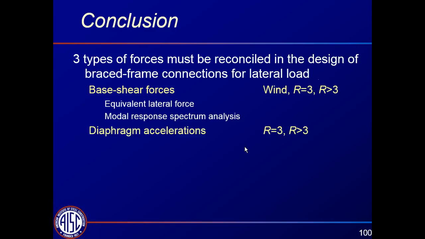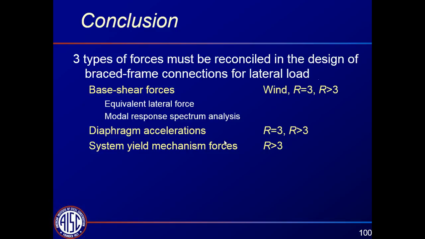When we get to seismic design, we have the diaphragm accelerations that are inconsistent with the base shear forces. So these already apply for seismic design category B and C. At seismic design category C, we have the omega sub O factor that's introduced, but that's fairly easy.